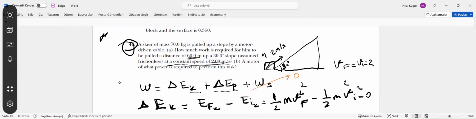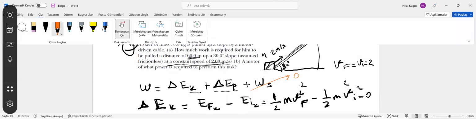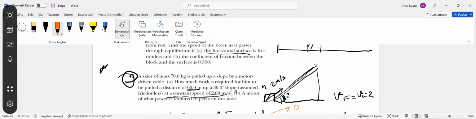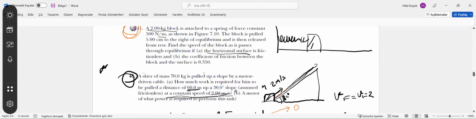It's pulled 60 meters. I'll change my color. This part is 60 meters, sorry.